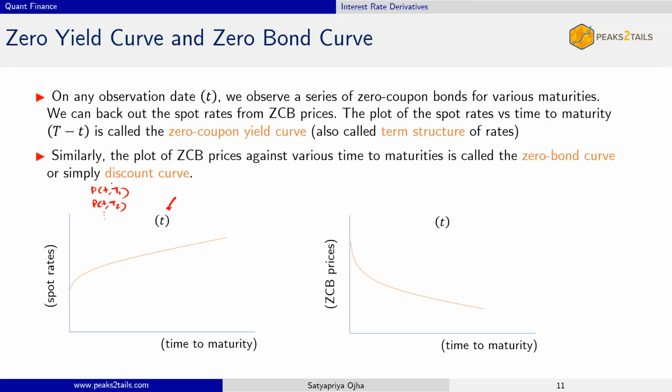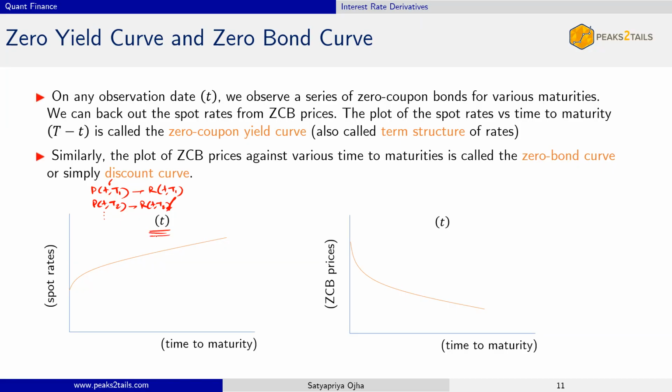So keeping small t fixed, you have bonds maturing at different maturities. Now, from each of these, you can extract the spot rates. So let's say I'm extracting continuous spot rate. R(t,T1), I can extract. R(t,T2), I can extract, right?